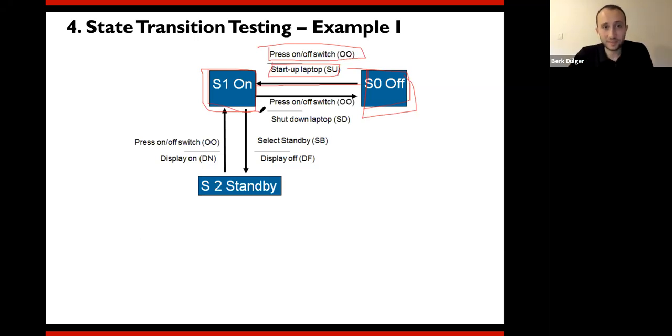If we press the same button, it will go to the shutdown state, or maybe the standby state. We have inputs, outputs and also states. State transition testing aims to cover the transitions of the system.